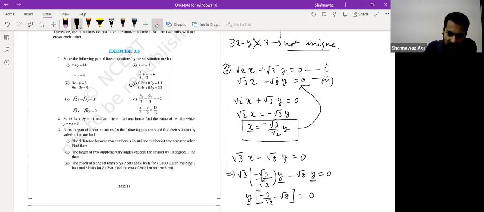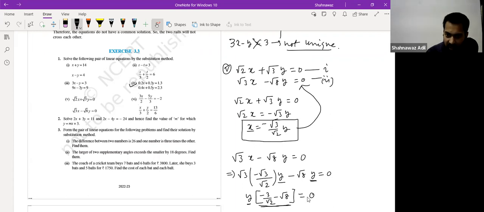So is this 0? Can this be 0? This can never be 0, right? Because these are numbers, and they are not equal, both have the same sign, right? So this will never be 0.